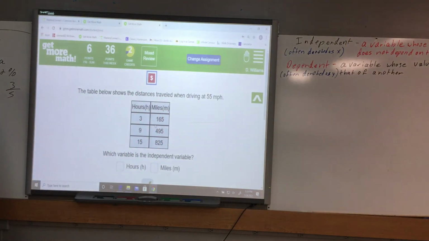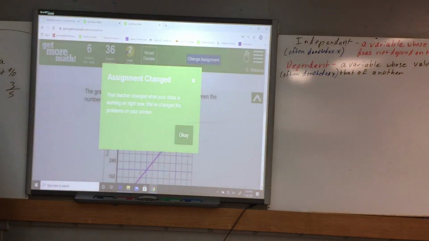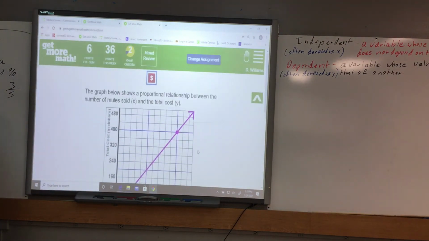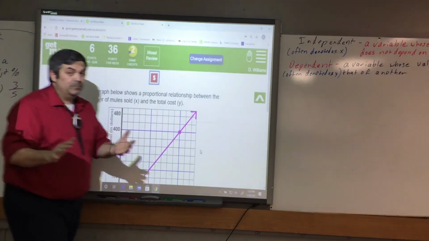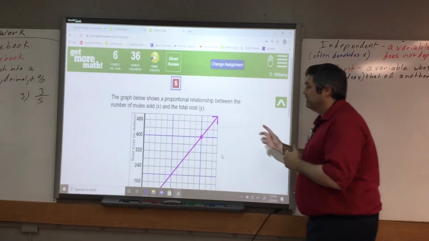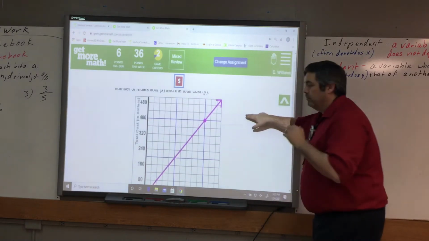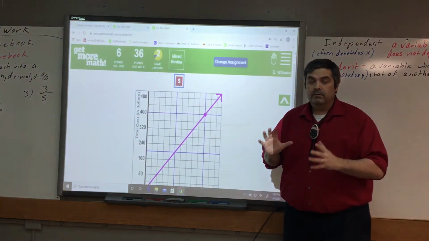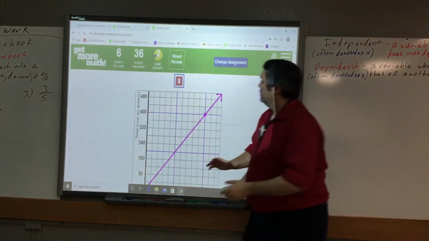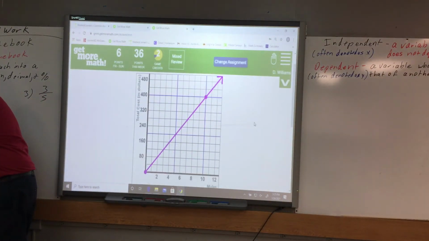All right, so let's change this over and let's look at our graphs. All right, this is pretty much the same thing though. Look, the graph shows a proportional relationship between the number of mules sold X and the total cost Y. Now, if you can read a graph, this isn't going to be too bad. Okay, and here, let me do this.